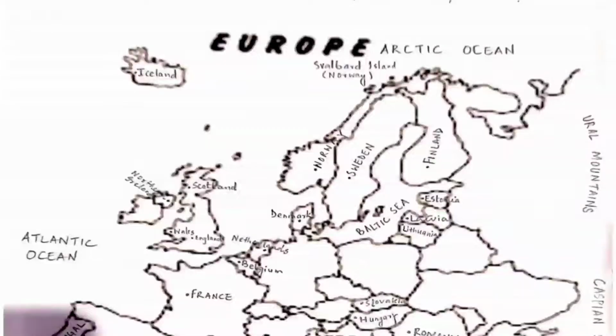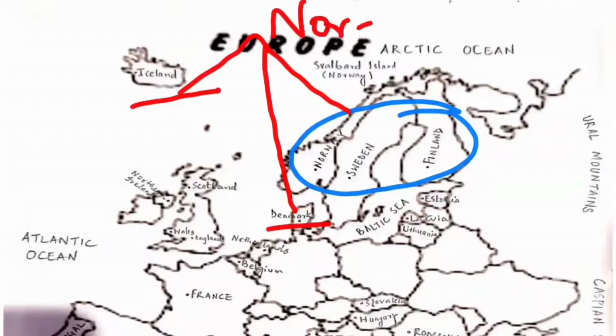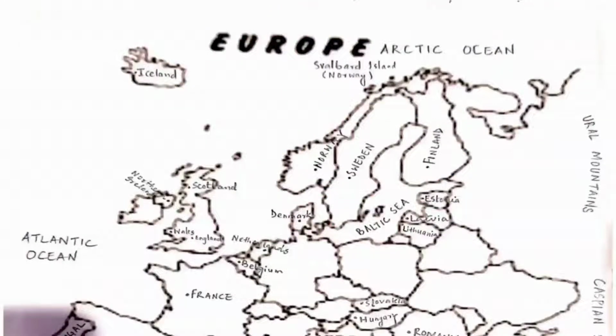So getting back to the diagram, we have here the Scandinavian countries, plus Denmark and Iceland. Together they are called the Nordic countries. Clear? Norway, Sweden, Finland, Denmark and Iceland are called the Nordic countries.